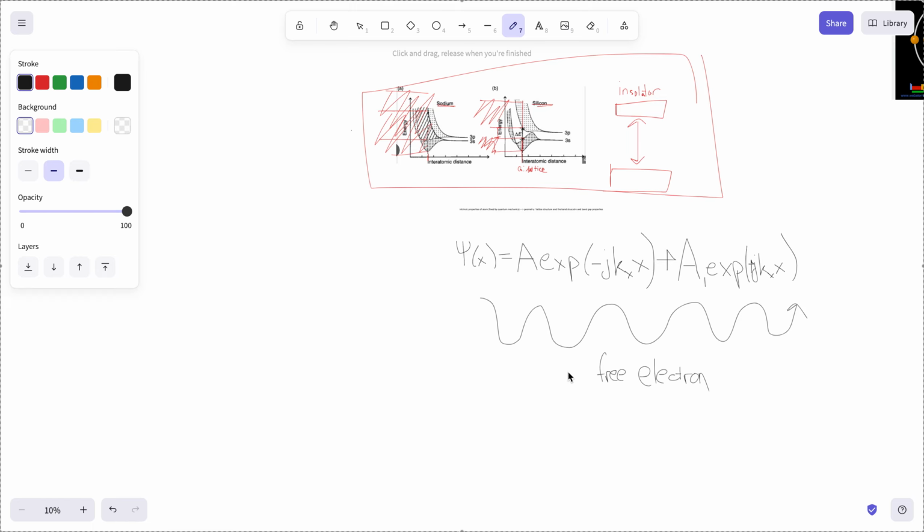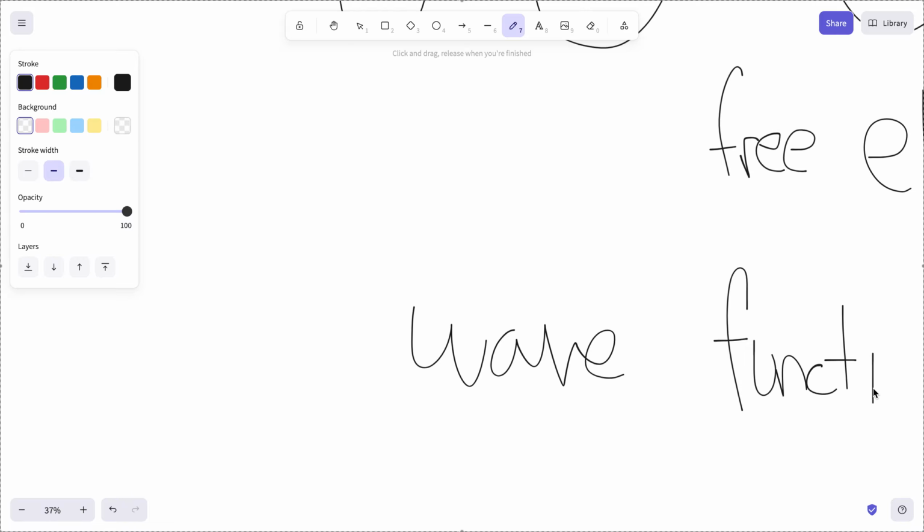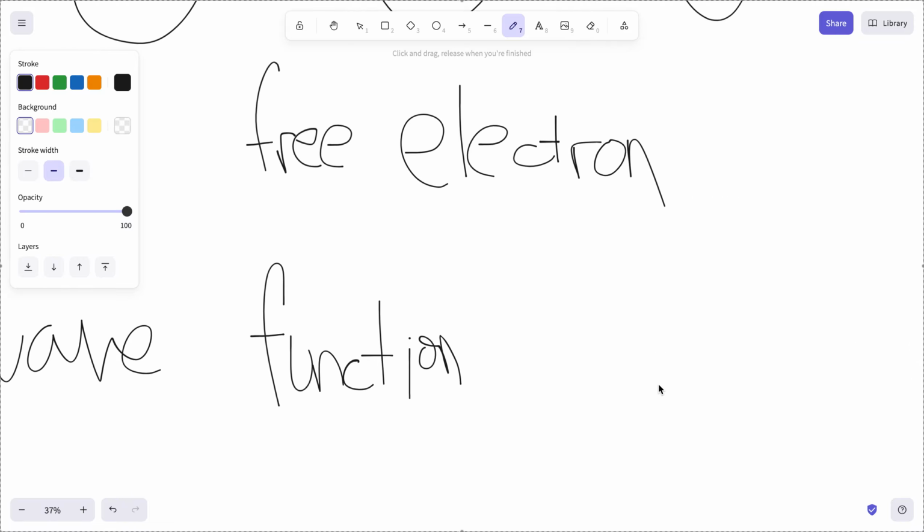Now, let's look at the wave function for an electron which is in a semiconductor.